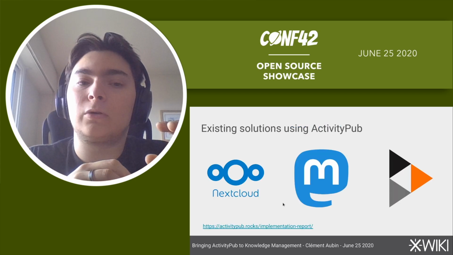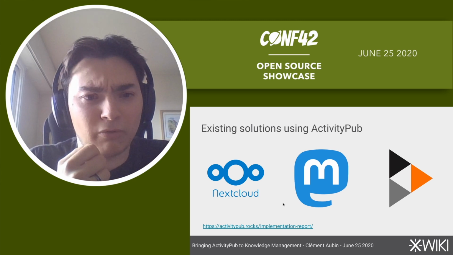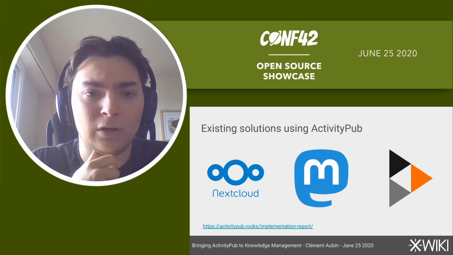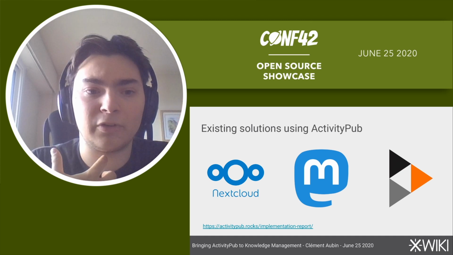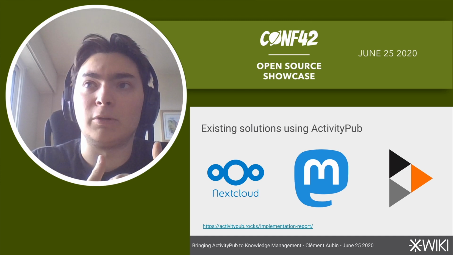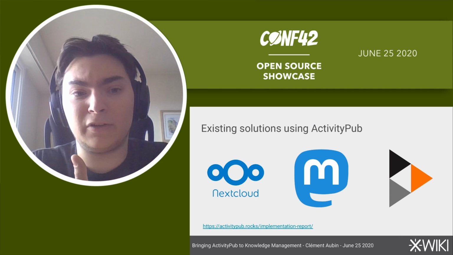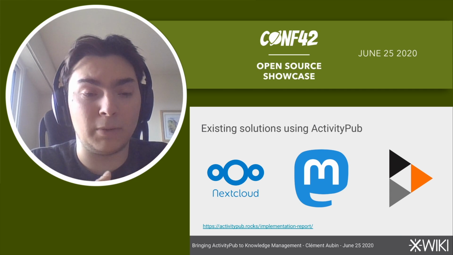Currently, we don't have very many implementations of the protocol in a lot of solutions. However, we are starting to see it. For example, we have Nextcloud, which implemented its federated file sharing architecture based on ActivityPub.